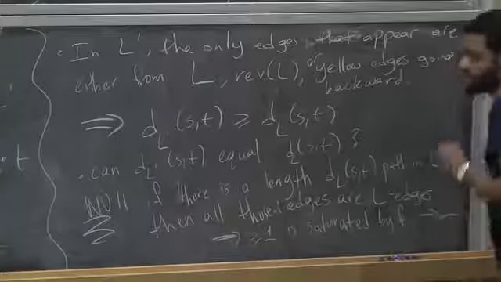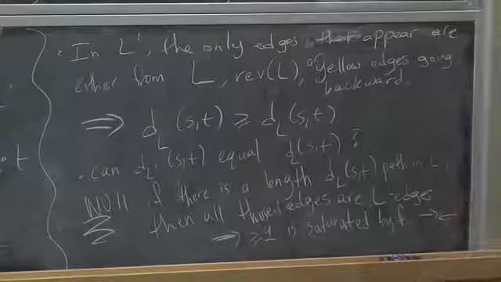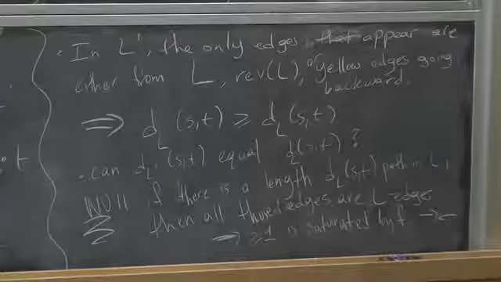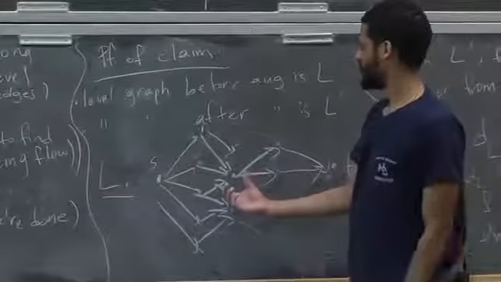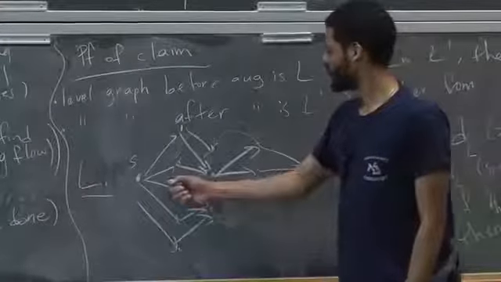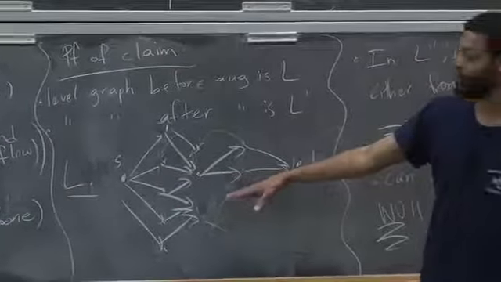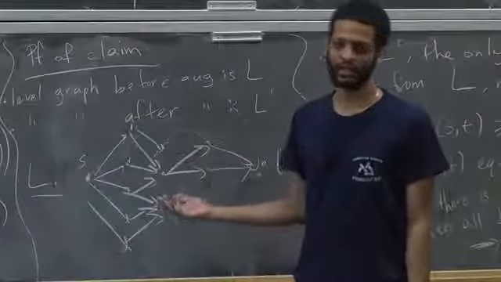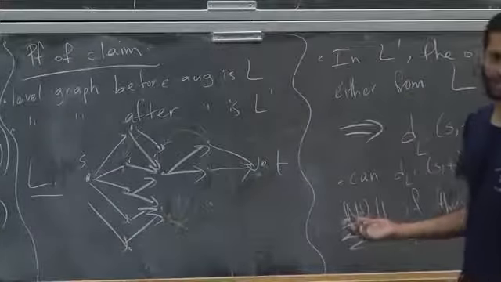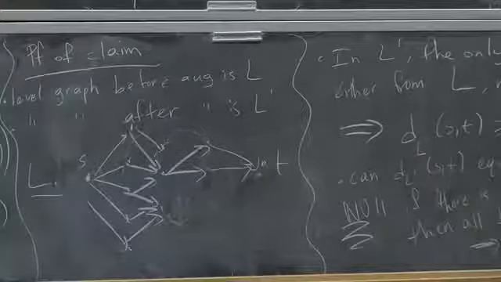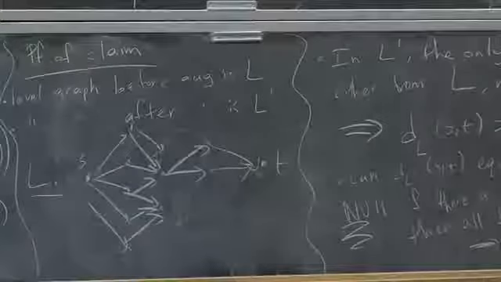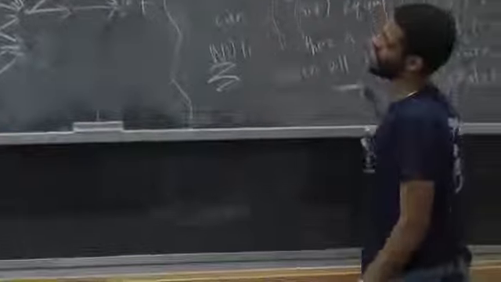They all have to be L edges by definition of admissible. Is that right? So the claim is that, right, if you didn't use only L edges, if you use some yellow edges or some reverse edges, then that would only increase your distance. That would only increase the length of the path. So if you're telling me that your path length is exactly the shortest path length, then you have to be using L edges. Okay, so that's that.